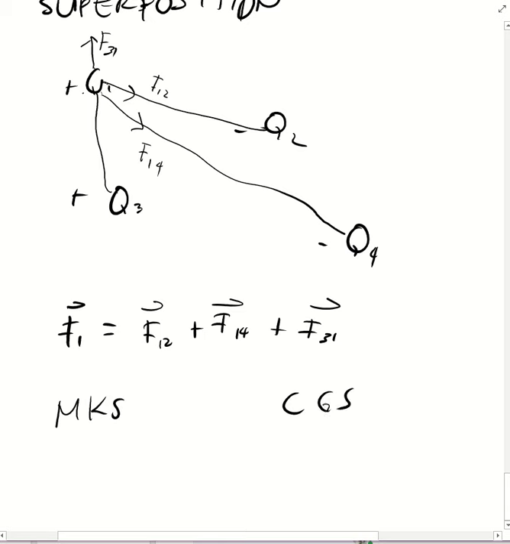MKS means meters, kilograms, seconds, while CGS is in terms of centimeters, grams, seconds. So in MKS, our value for K is around 9 times 10 to the 9. For CGS, the value of K is just equal to 1.